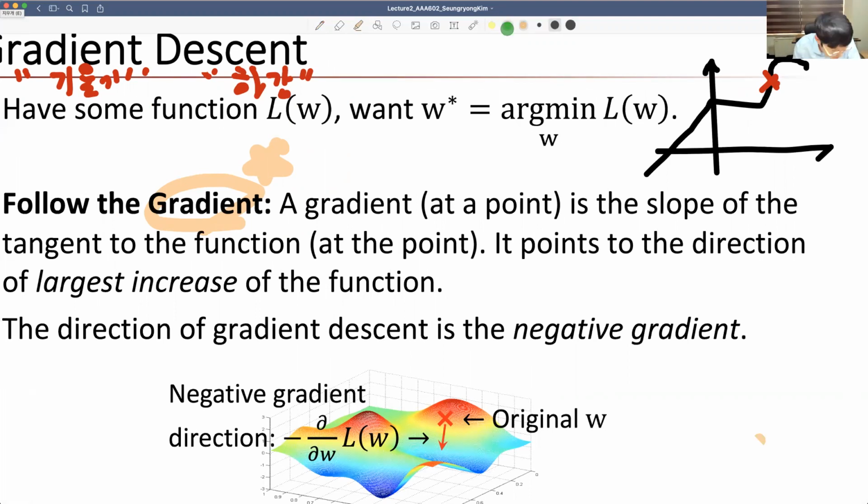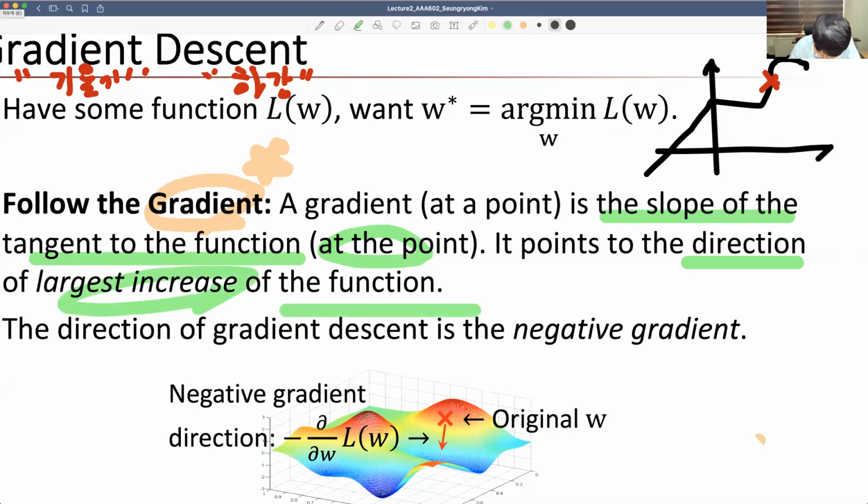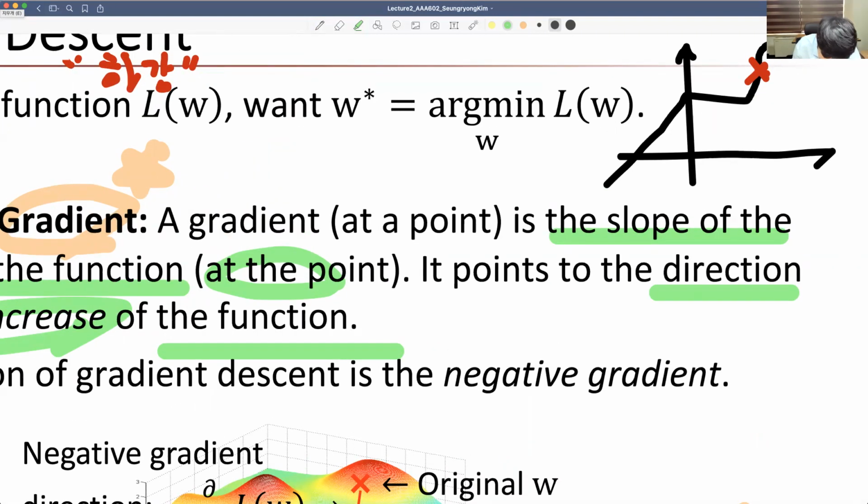The meaning of the gradient is the slope of the tangent to the function at the point, which points in the direction of the largest increase of the function. So in this case, okay, let's redraw this one again.